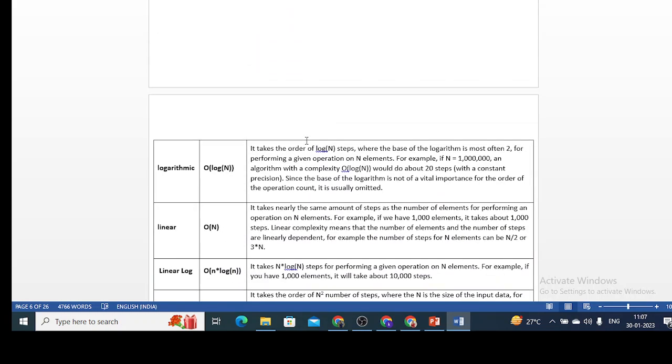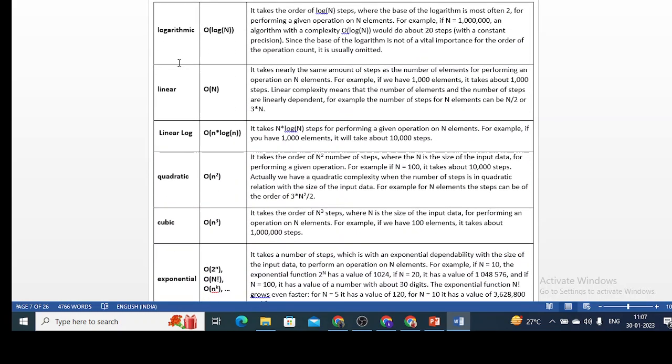Okay, then next is logarithm. Logarithm value, it takes order of log n steps, where the base of logarithm is often 2.